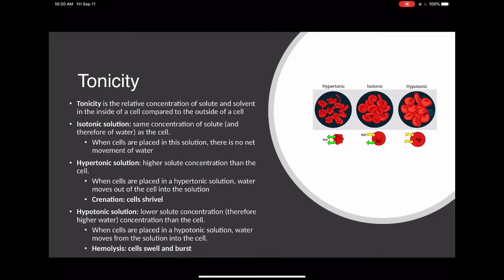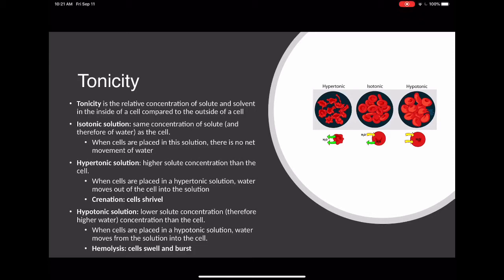So in the opposite solution, we have the hypotonic solution, in which there is lower solute concentration and therefore higher water concentration than inside of the cell. This would be the situation if you just put pure water into your IV. When cells are placed into a hypotonic solution, water is going to move from the solution and into the cell.